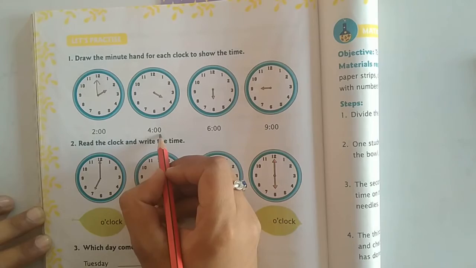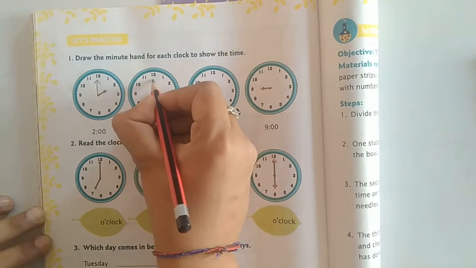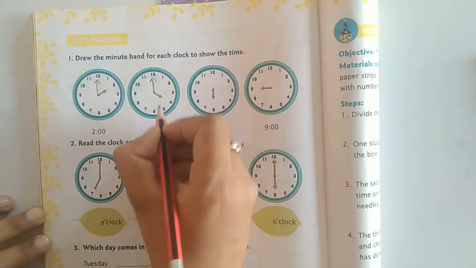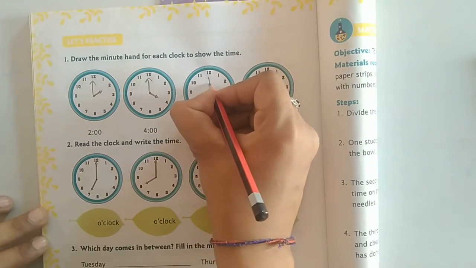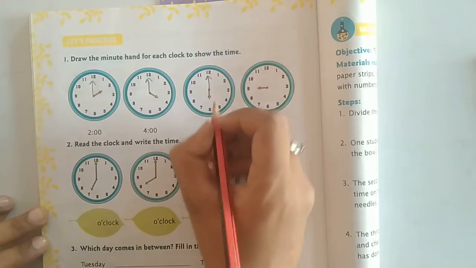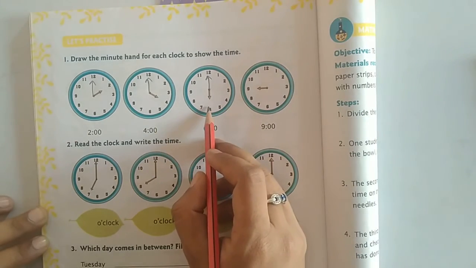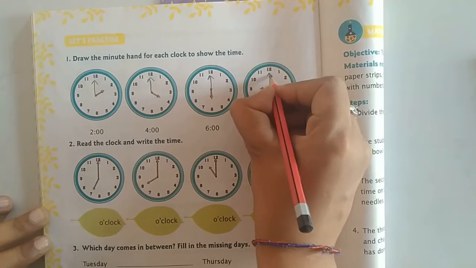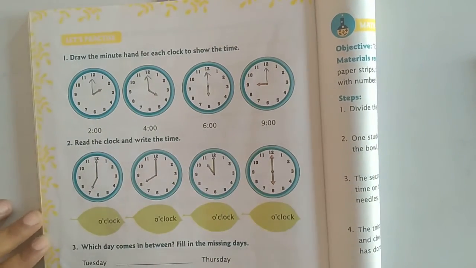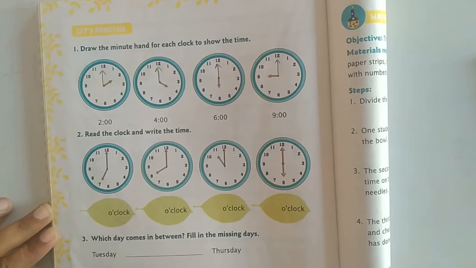Similarly, 4 o'clock, minute hand is at 12 and hour hand is at 4. 6 o'clock, minute hand is at 12 and hour hand is at 6. 9 o'clock, minute hand is at 12 and hour hand is at 9.